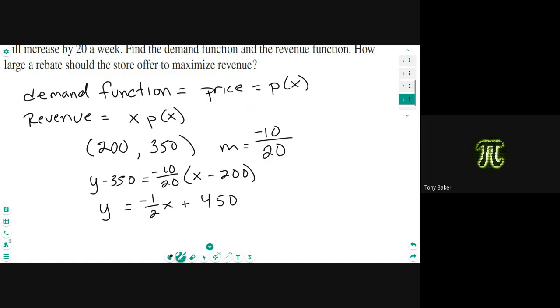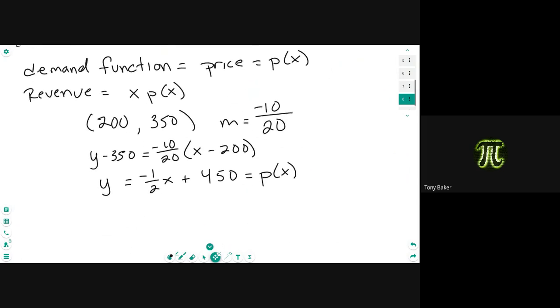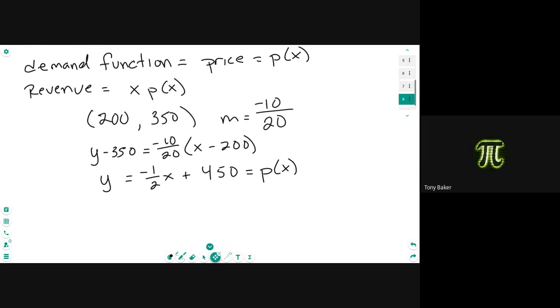All right, so that's my price equation. So that's P of X. So R of X is X times negative 1/2 X plus 450.